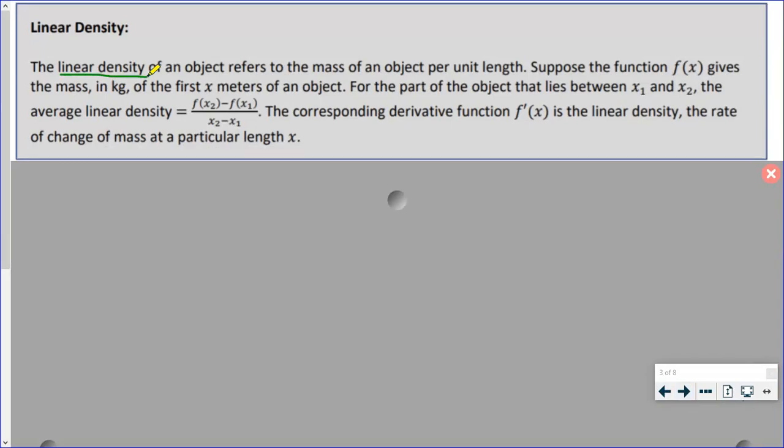Suppose the function gives the mass in kilograms of the first x meters of an object. For the part of the object that lies between x1 and x2, the average linear density has this slope formula, and the corresponding derivative function is the linear density.